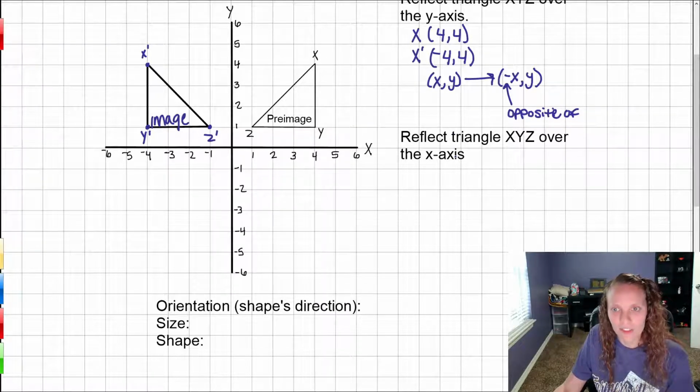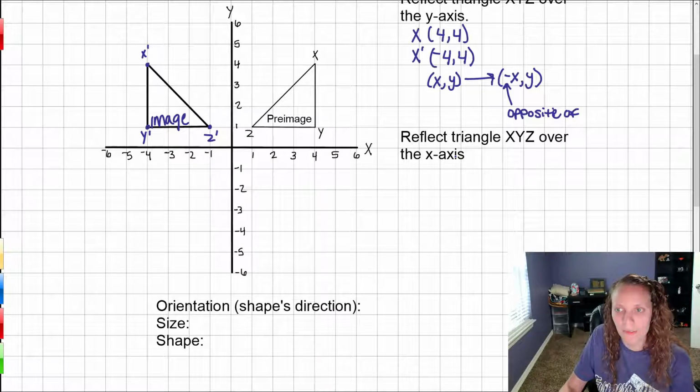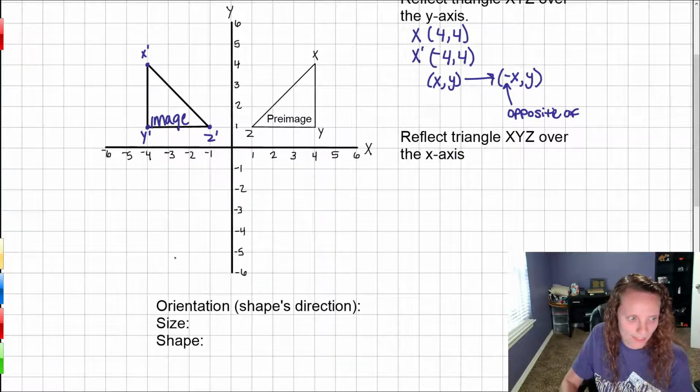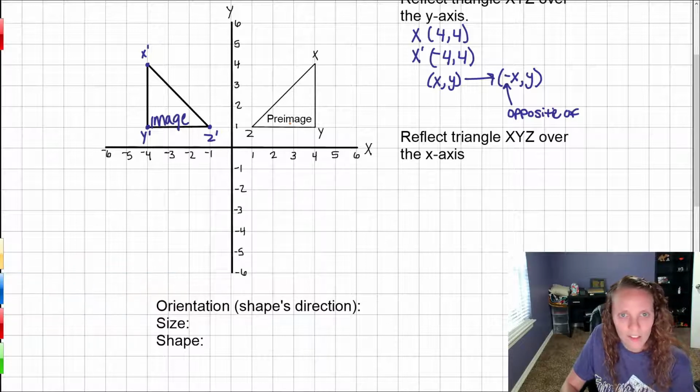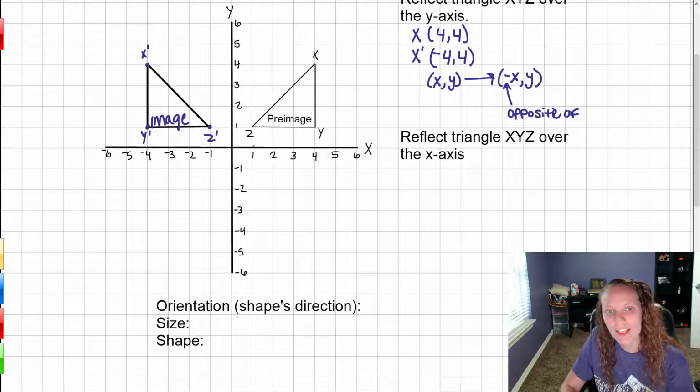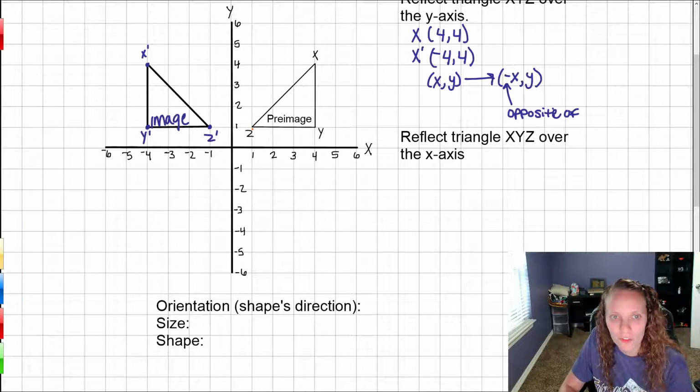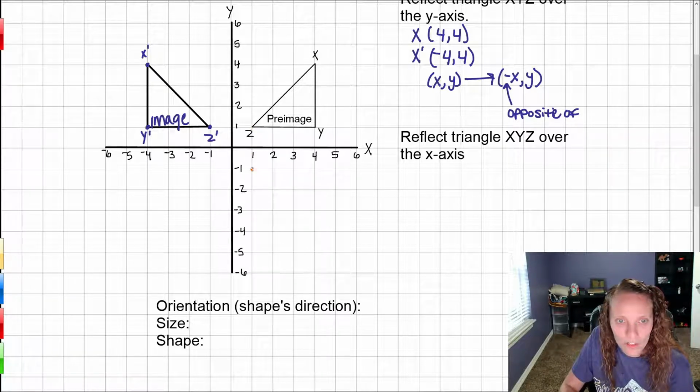Now the next one tells us to reflect the triangle, the pre-image, over the x-axis. So again, it's all about finding the distance away from the mirror. So for z here, it's a distance of 1, so we'll just count 1 down. And again, we're reflecting over this x-axis here.